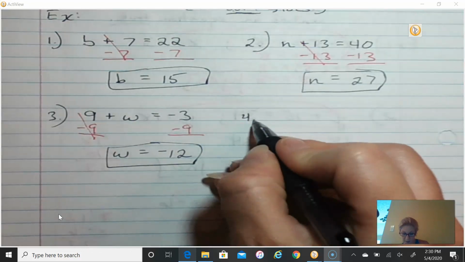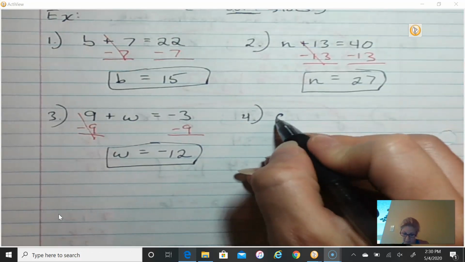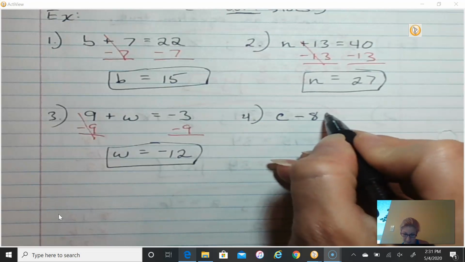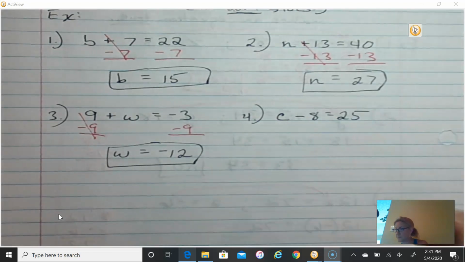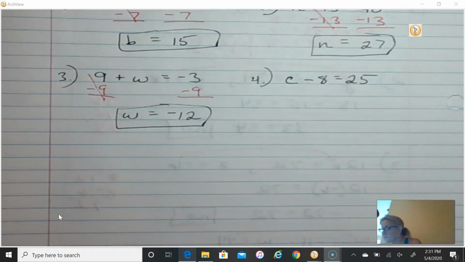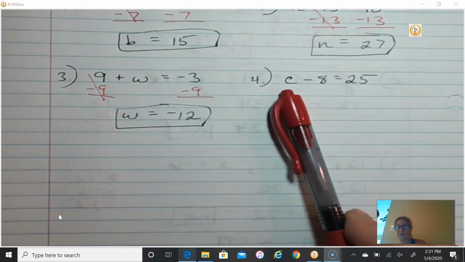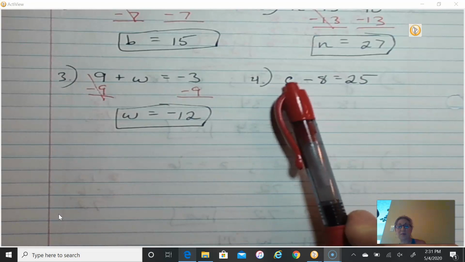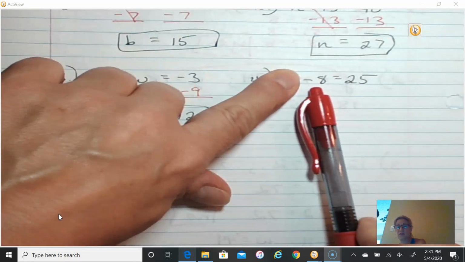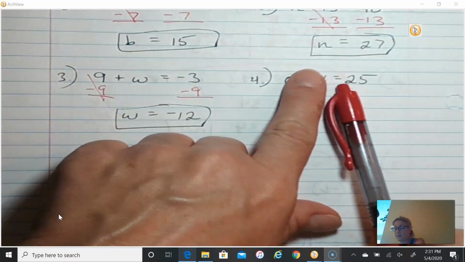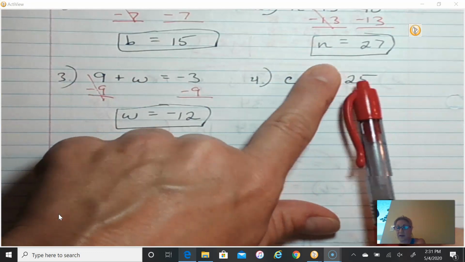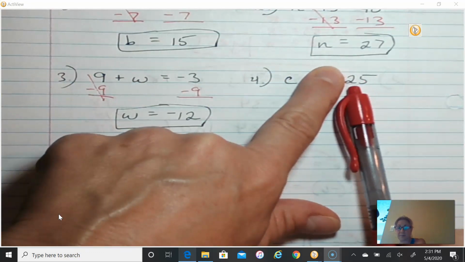Let's do another. What if I have c minus 8 equals 25? Okay. Here's the variable, here's the letter, that's you. Here's the intruder, -8, front door, the equal sign, and the 25-year-old cop.